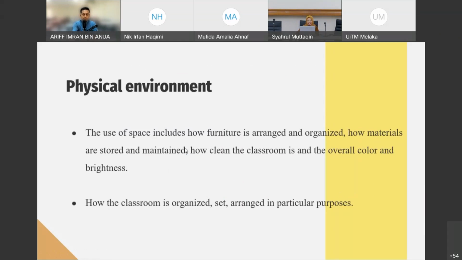In short, we can say how the classroom is organized, set, and arranged for particular purposes. We call it a physical environment.